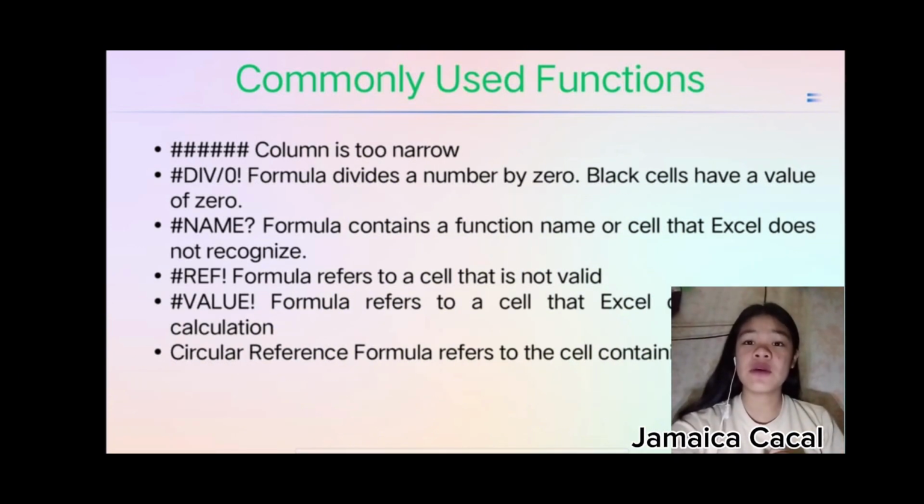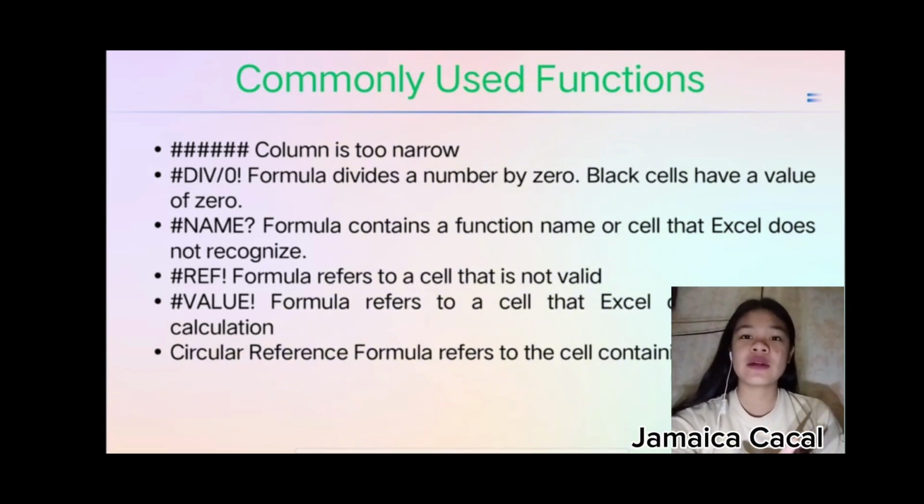And now the common errors in Excel formulas. So this symbol means the column is too narrow. If a column is too narrow to display the result, Excel may show this instead of the actual value. And the second one is the division by zero. The formula divides a number by zero or blank cells have a value of 0.